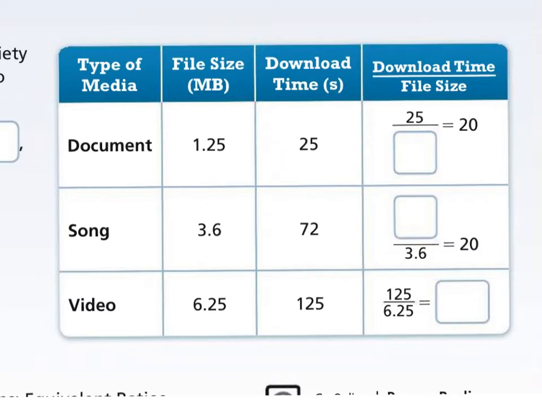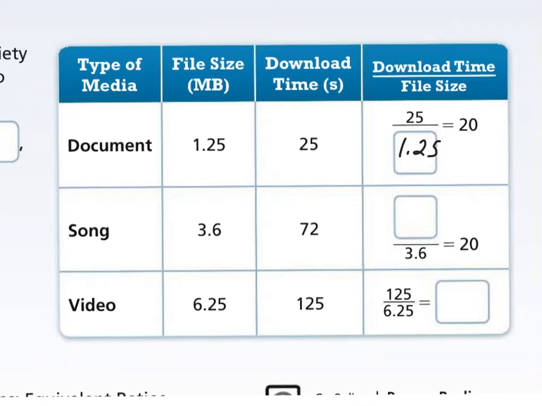So they have it set up, they want the download time divided by the file size. Make sure you're putting that in the right order here. So download time divided by the file size. So download time is 25, file size is 1.25, and if you divide that out, they're saying it's equal to 20.